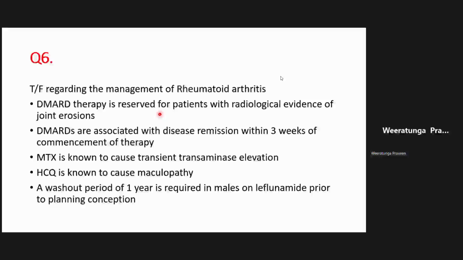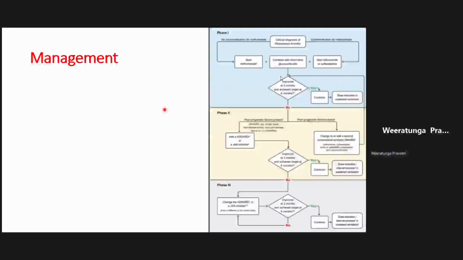If methotrexate does not work, you can consider adding on a second drug like leflunomide or sulfasalazine, a second line conventional synthetic DMARD.